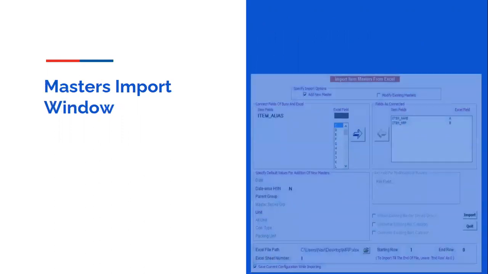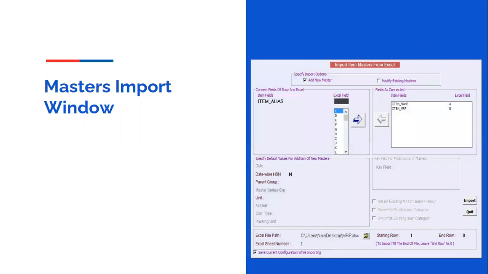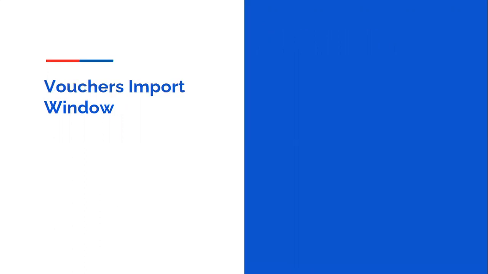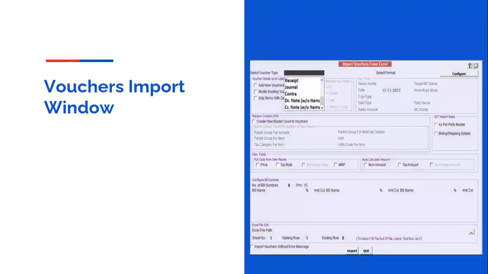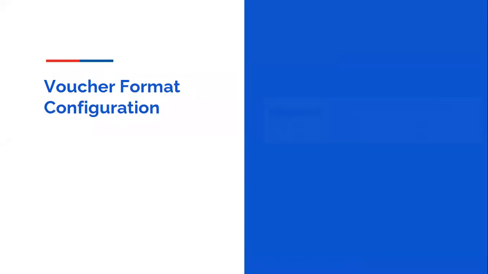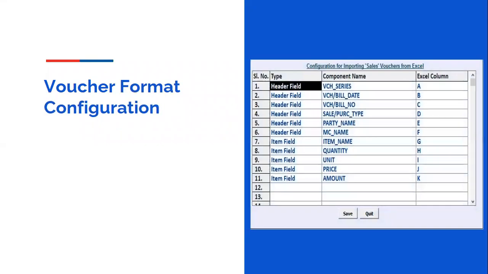Master import window. So this is the master import window you can see on my screen. Through this window, you can import the master. And this is the screen for voucher import. Through this window, you can import the transaction from the MS Excel. And this is the format for configuration of voucher format.